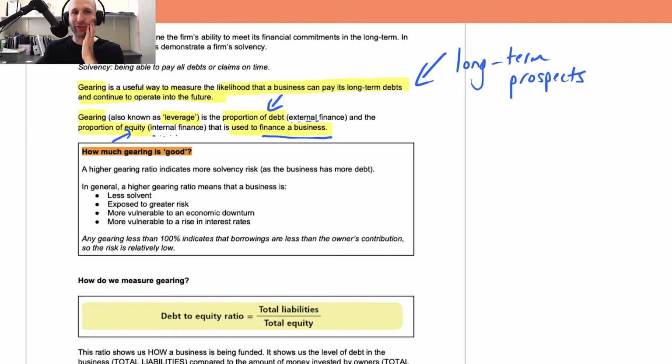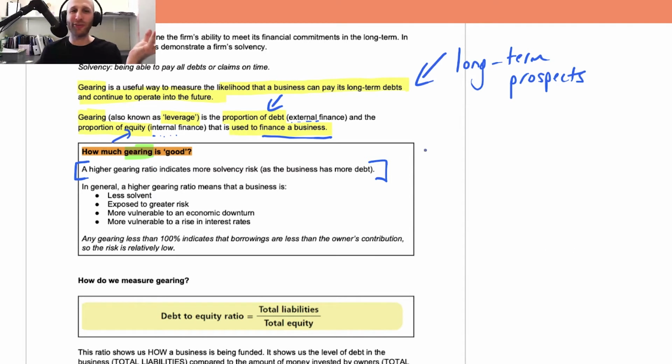Before we get into the ratio, it's worth talking about how much gearing is good. How much gearing should a business have? Essentially, a higher gearing ratio means that it's more at risk.